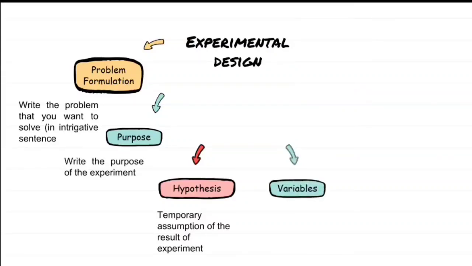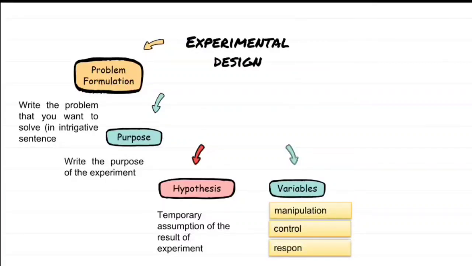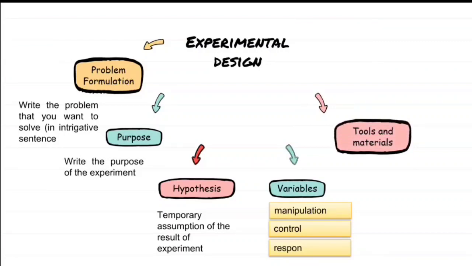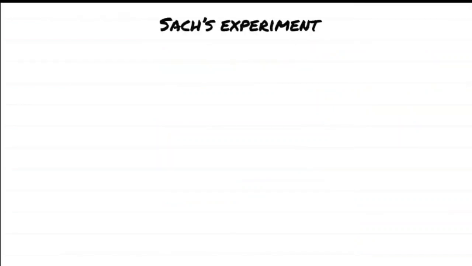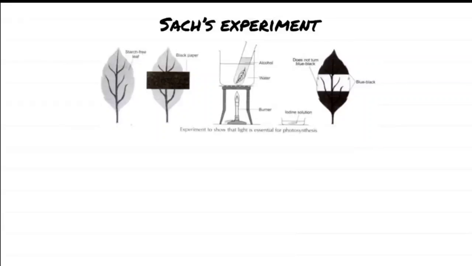And then variables. There are three kinds of variables: manipulation, control, and response. And then tools and materials. And the last is steps. This is Sachs's experiment that I have explained to you.